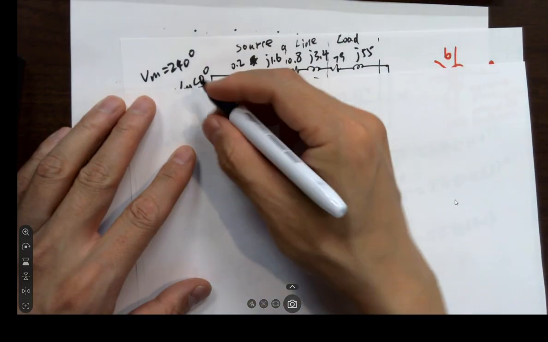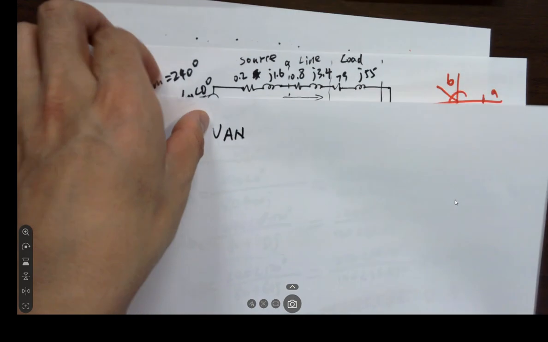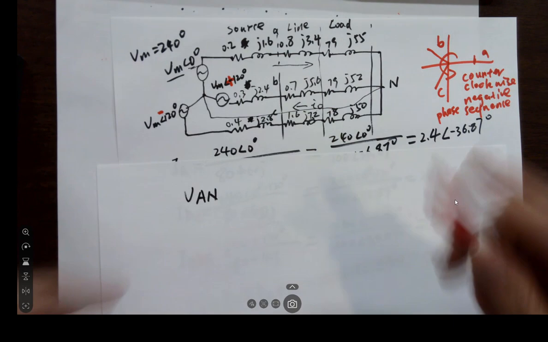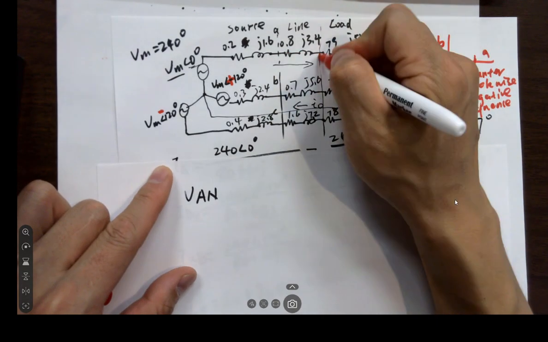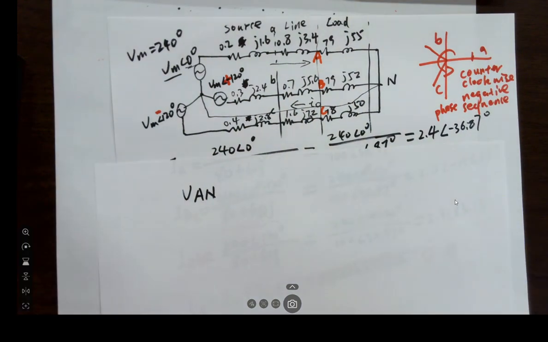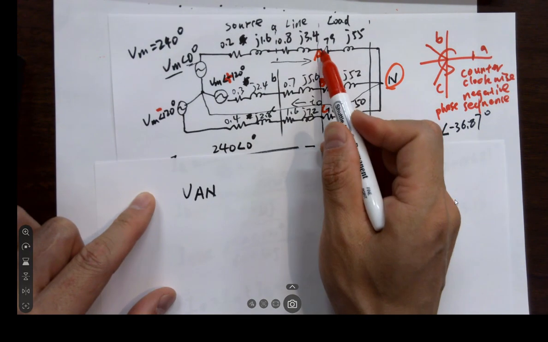Okay, so for example, this question could be easier because it's directly asking you VAN. Okay, VAN here. So remember, I labeled these source terminals as lowercase a's. So these are uppercase A's, B's, and C's. And this is N here. So VAN will be the voltage here to here.